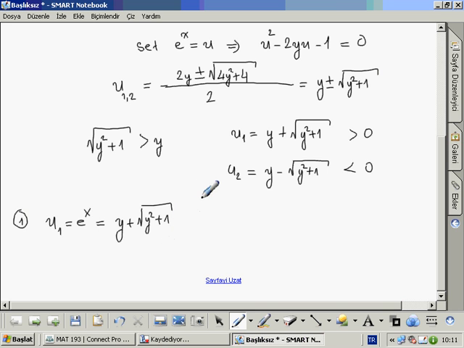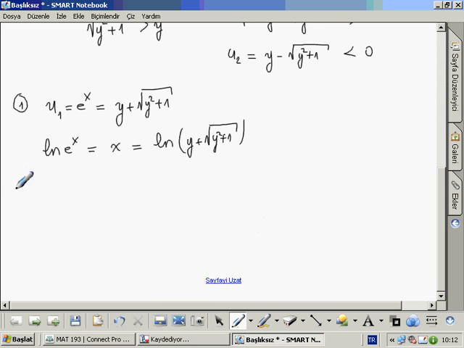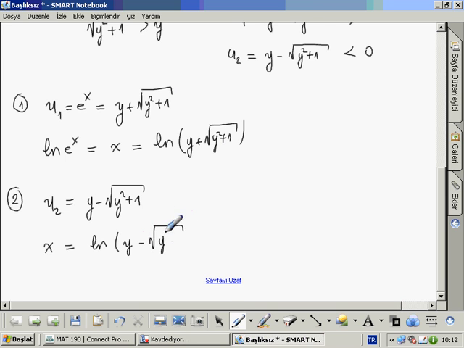Take the natural logarithm of both sides, and we will obtain ln e to the x, which gives x equals ln of (y plus the square root of y squared plus 1).